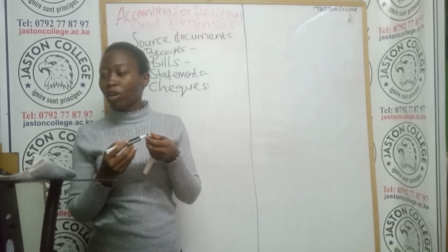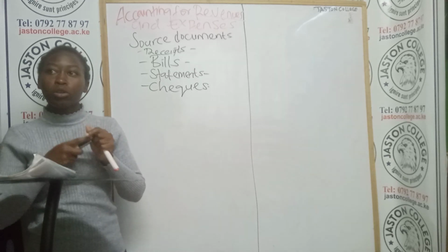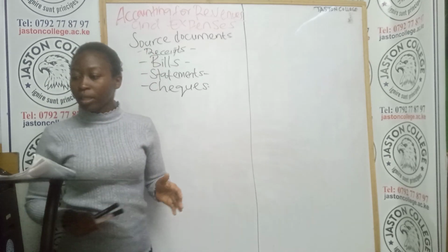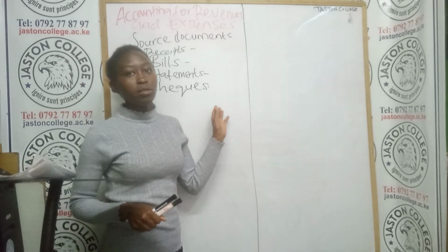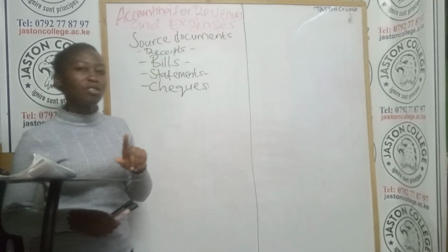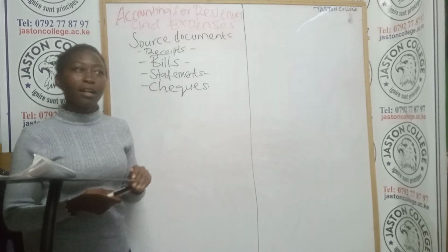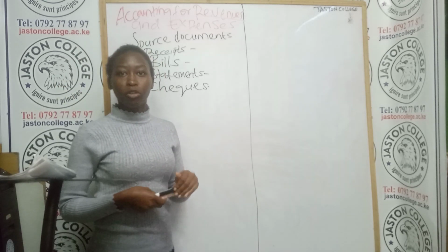So these are our original source documents that we get, that we always use in accounting for our revenues and expenses. And in the last class we talked about revenues, and we said revenues are sales that we make from our businesses.